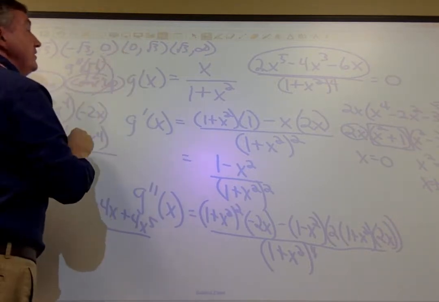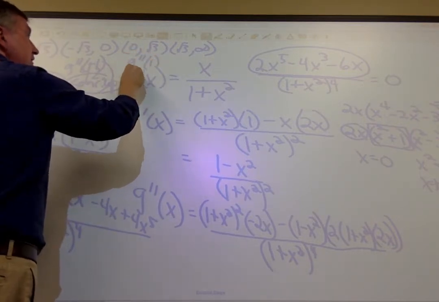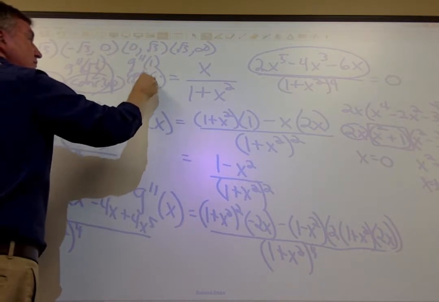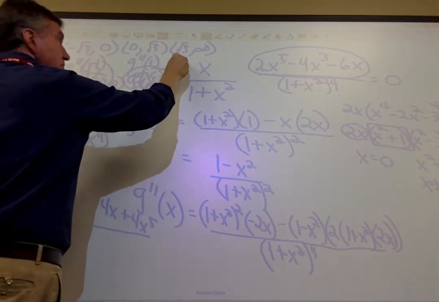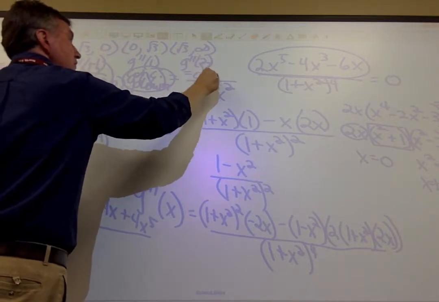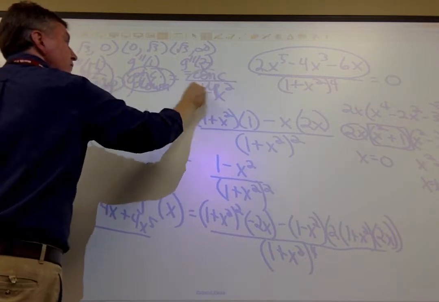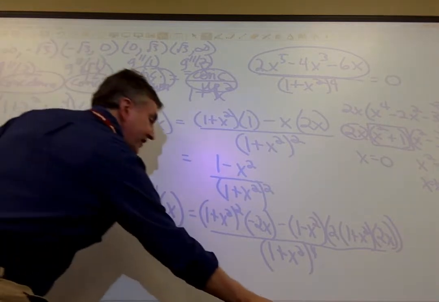If I put 1 in, concave down, and put 2 in, concave up. All we worried about, we didn't care what the number was, we cared about the sign, didn't we? And if you didn't trust this, that's easy to graph.